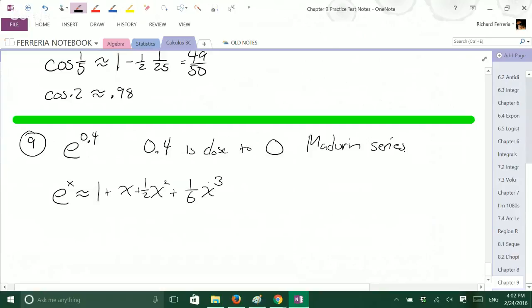Let me know if I have that right. That's right. So e to the 2/5, that's going to be approximately equal to 1 plus 2/5 plus 1/2 of 4/25 plus 1/6 of 8/125.